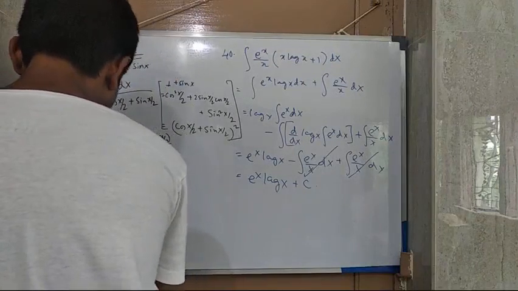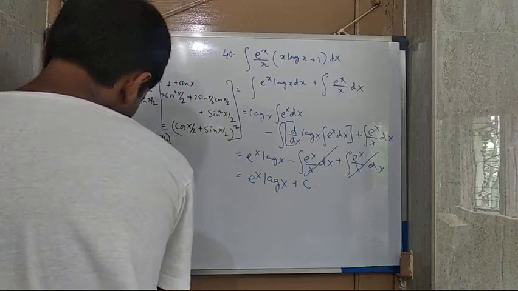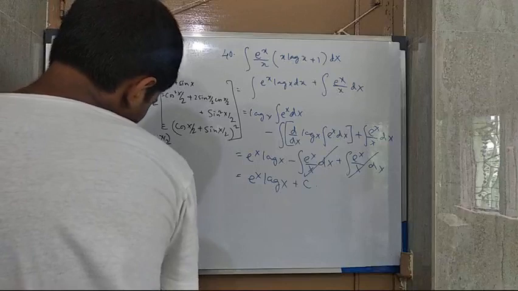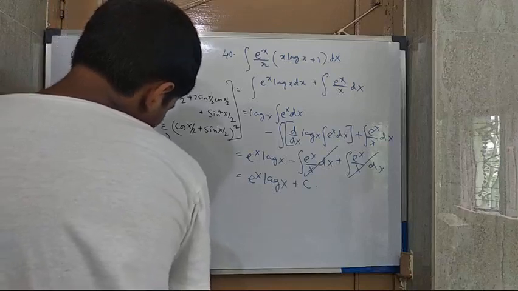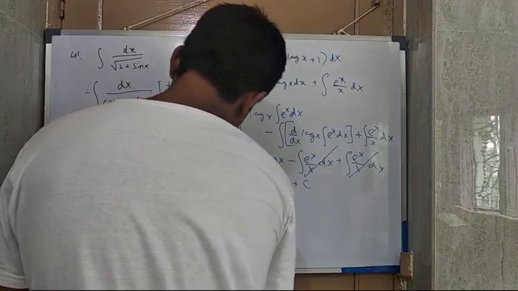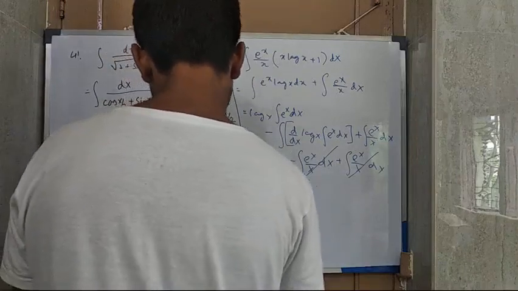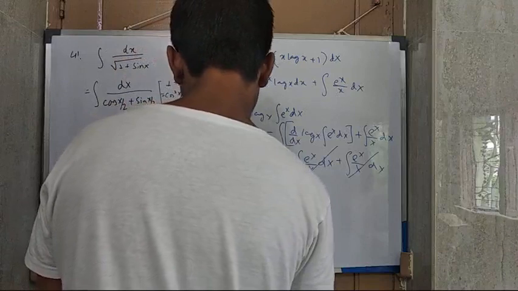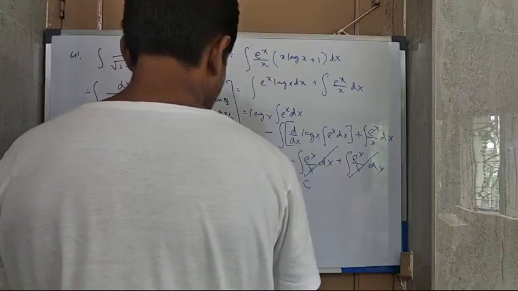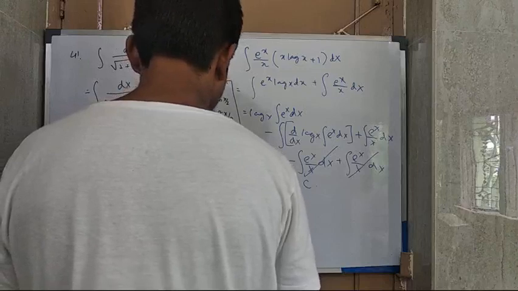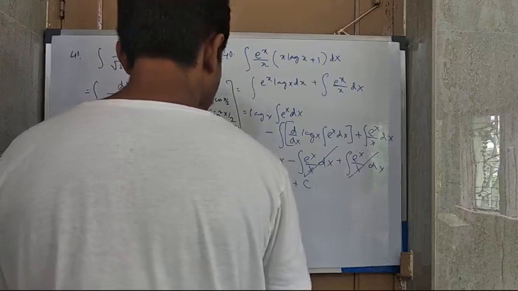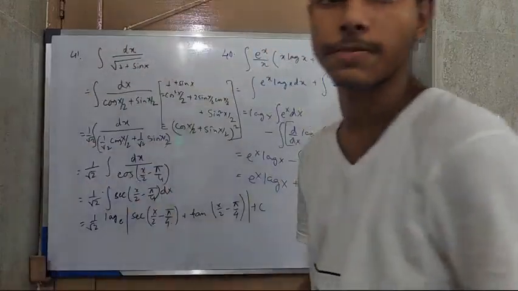So this is actually 1 by root 2 times log of sec x by 2 minus pi by 4 plus tan x by 2 minus pi by 4 plus c. So this is our final answer for the 41st question.